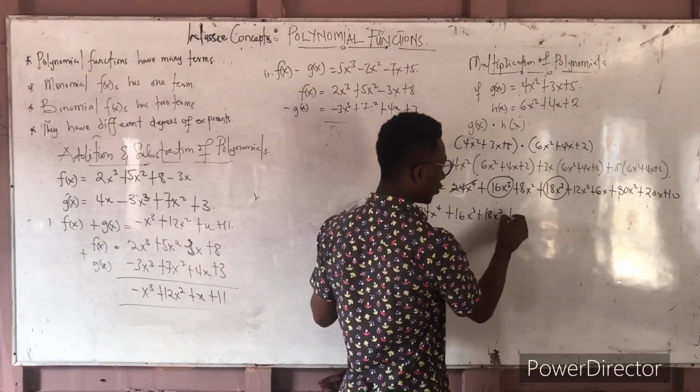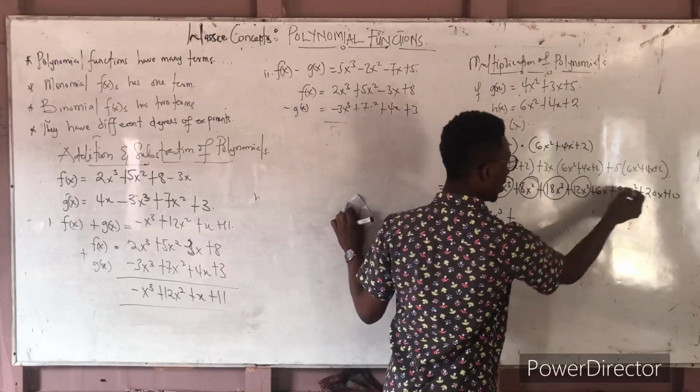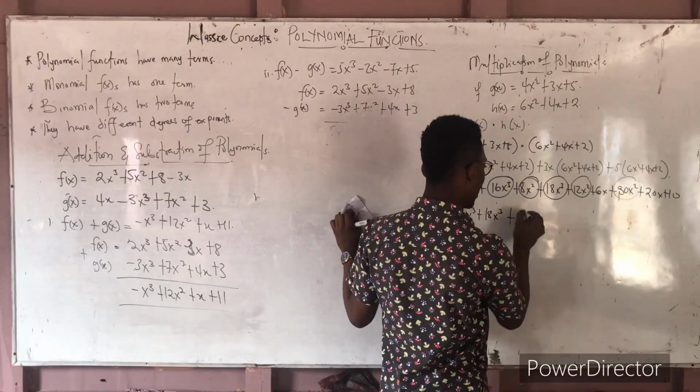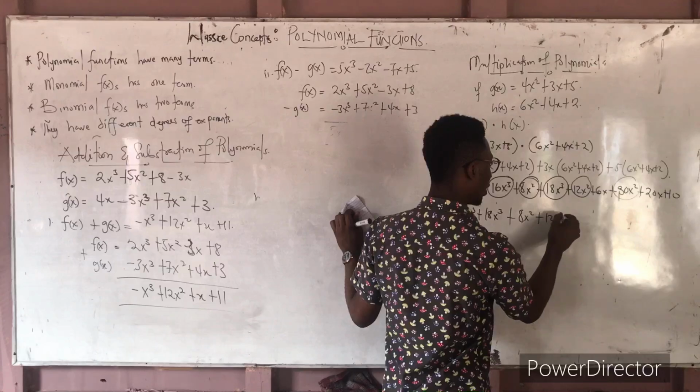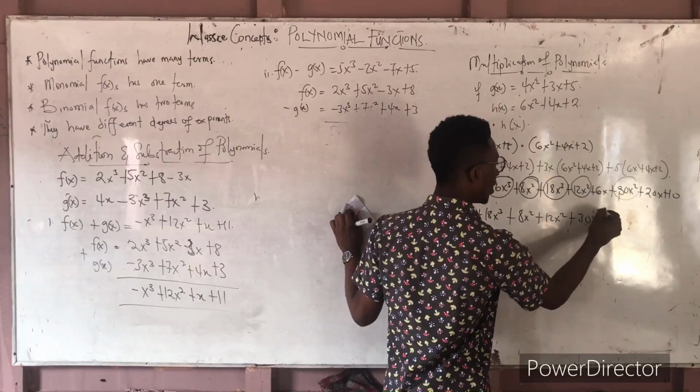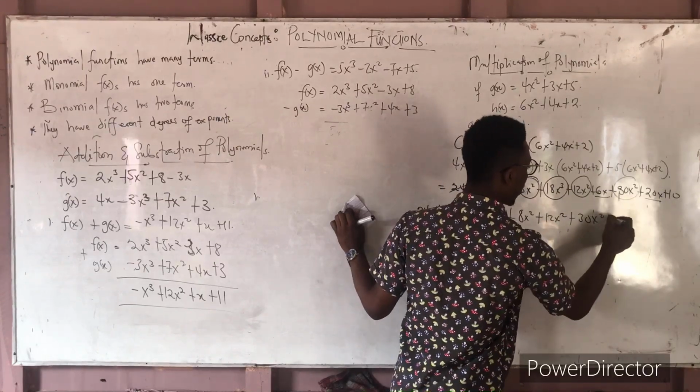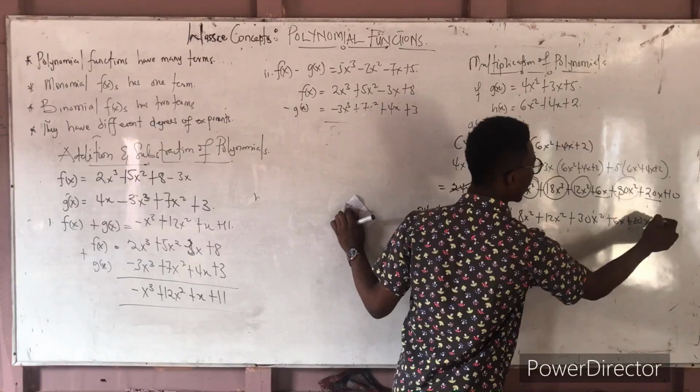And we have another one here, this here, and this here. So that gives you 8x squared plus 12x squared plus 30x squared. And we get 6x and 20x plus 10.